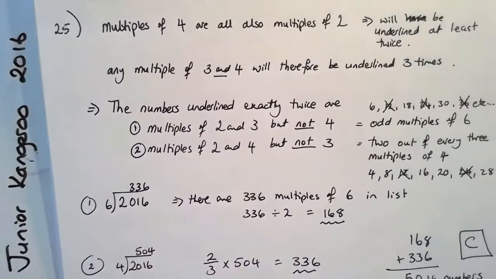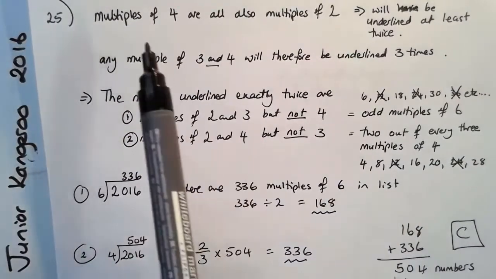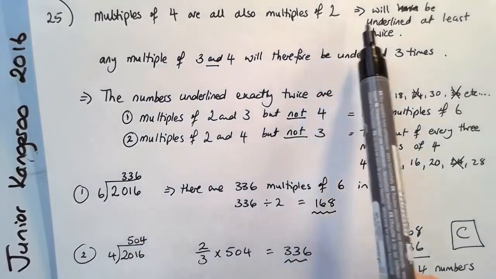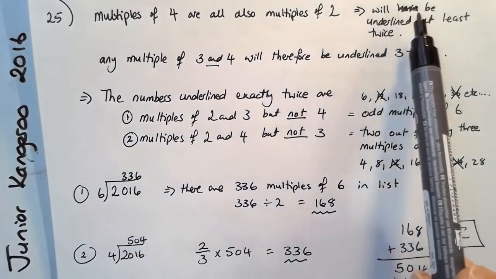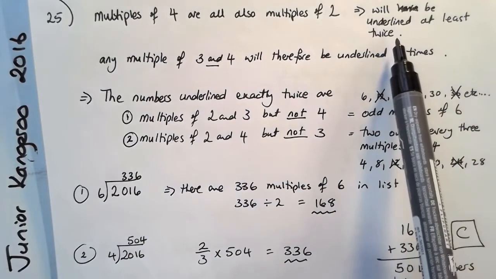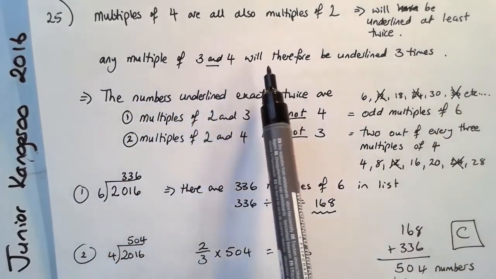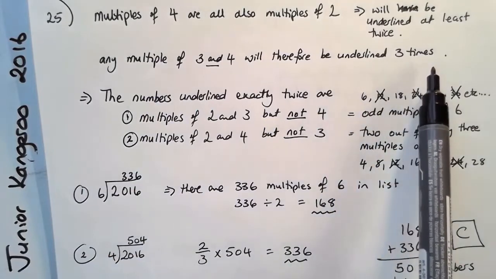Now I'm going to use my worked example because there's a lot of writing here. Multiples of 4 are also multiples of 2. Therefore, all multiples of 4 will be underlined at least twice. Any multiple of 3 and 4 will therefore be underlined 3 times.